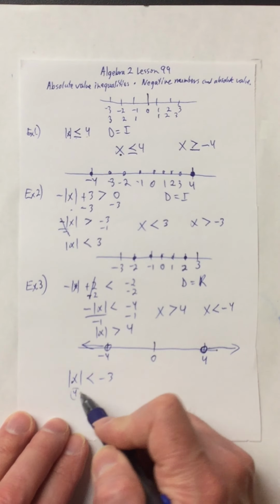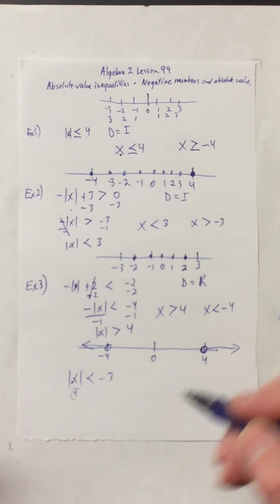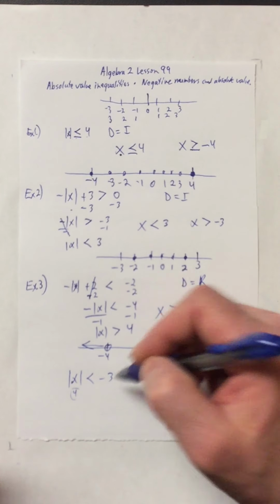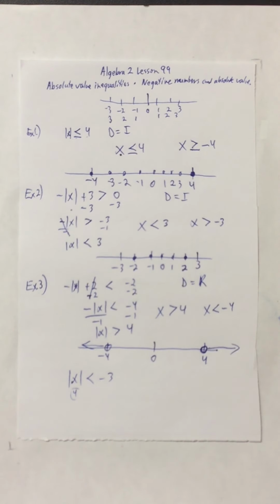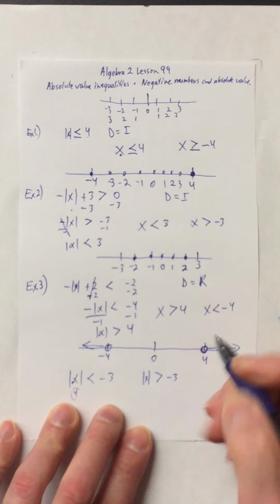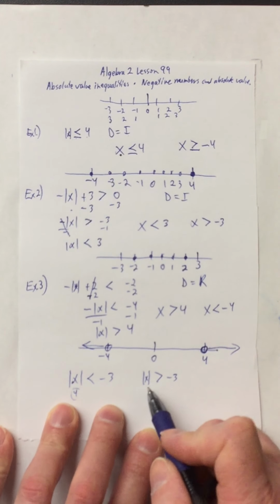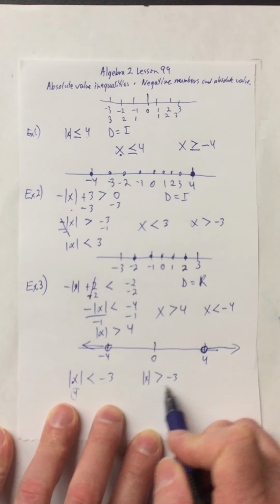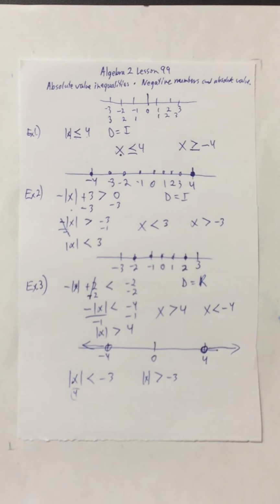This is always going to be a positive number because of the absolute value, and there's no positive number that's less than this negative number. So that one doesn't work. And in like fashion, if we do x is anything greater than negative 3, well, because these are positive numbers, every positive number is greater than negative 3, so that would be all of them.